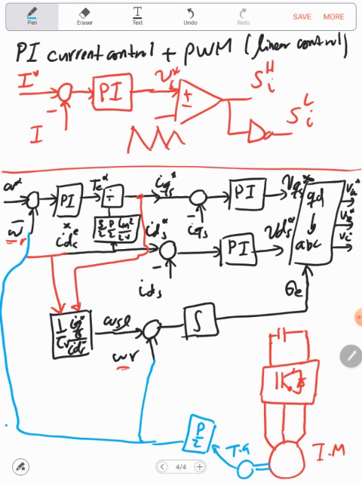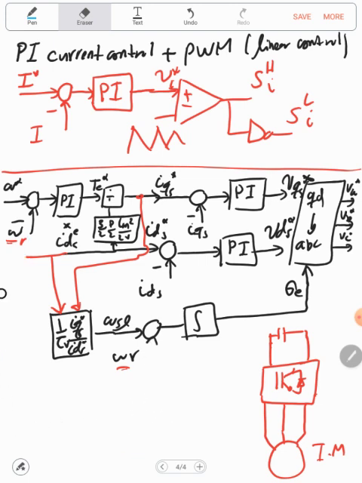Okay, or let me reorganize it. It will be better, but you are getting the idea, I hope so.